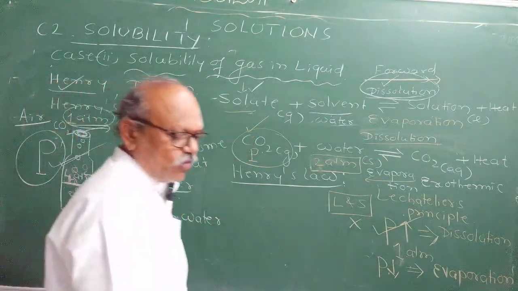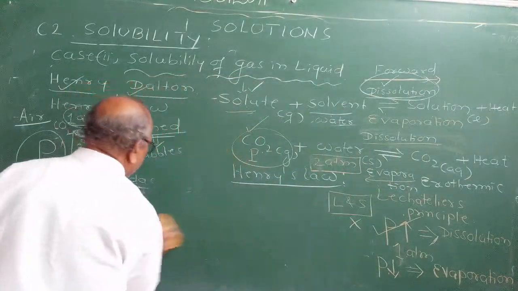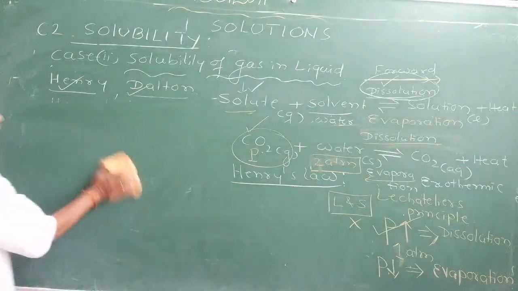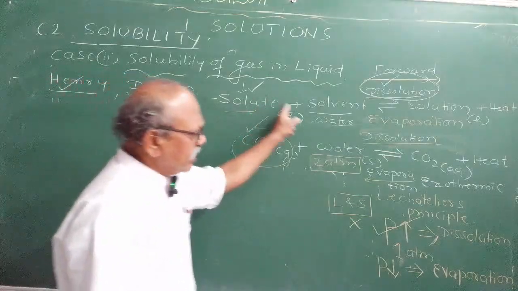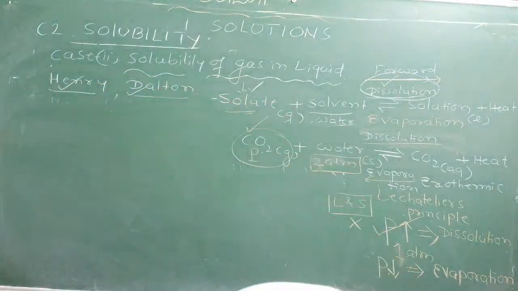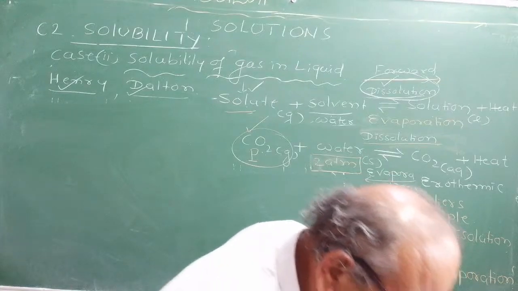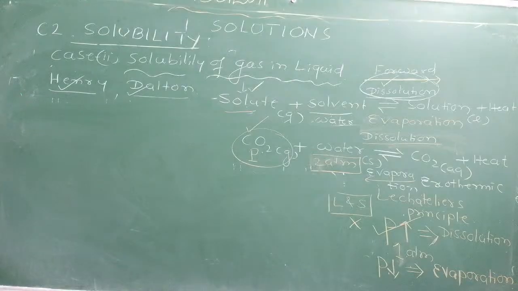The same was quantitatively studied by Henry as well as Dalton. They stated a law. The law is called Henry's law. First, to understand the application of Le-Chatelier's principle, then you can take the statement of it. That is the Henry's law statement. You can note down, very important, Henry's law.